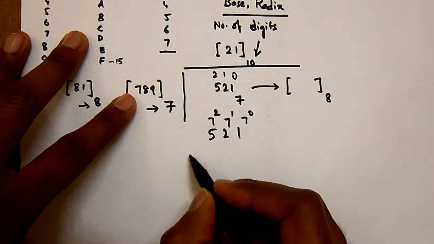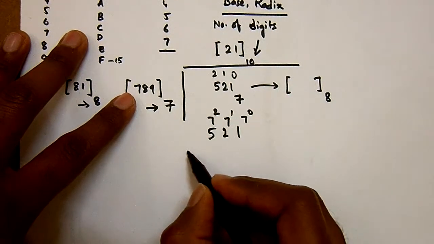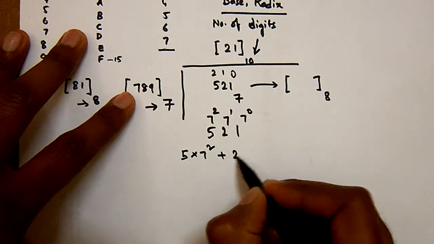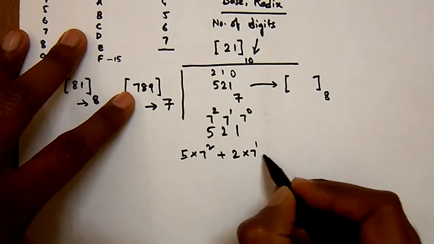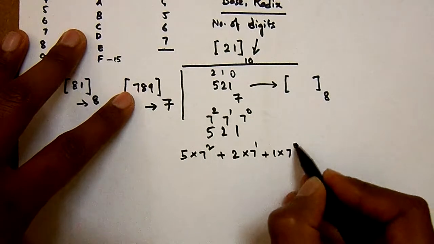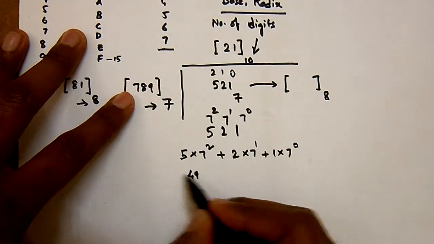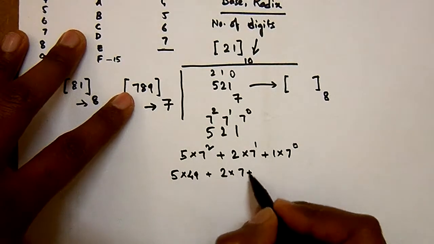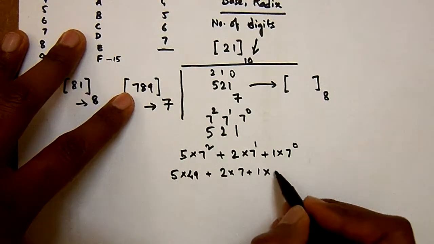How do we represent the equivalent value of 521 in this base? 7 squared is 49, so we write 5 into 49, plus 2 into 7 to the power of 1, plus 1 into 7 to the power of 0, which is 1.